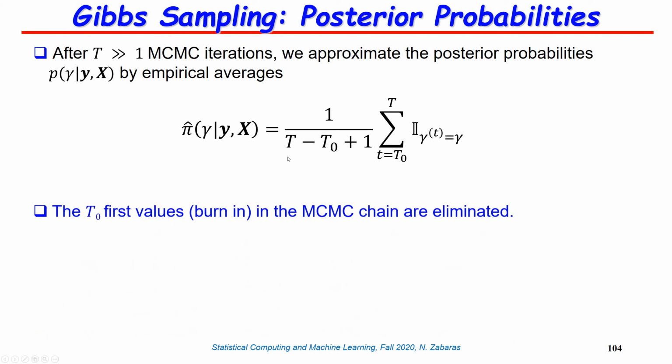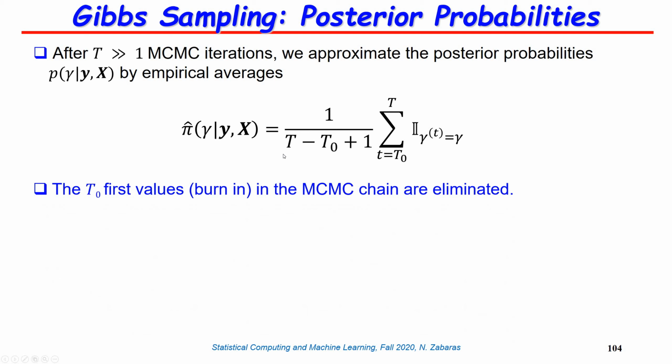Now I have to mention here, t is the number of Markov chain Monte Carlo iterations that you do, and T0 here is the burn-in period where effectively your samples are not very reliable, they're not samples from the target distribution, so you basically start doing this Monte Carlo averaging after T0 burn-in steps, okay?